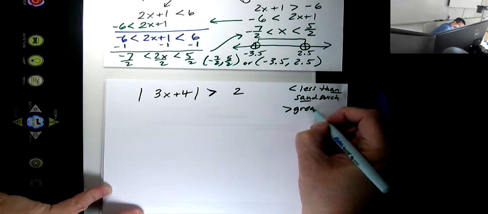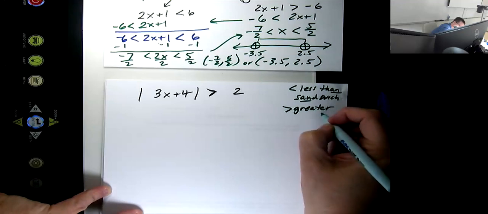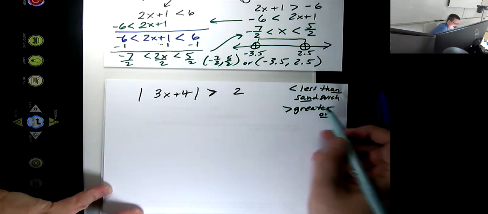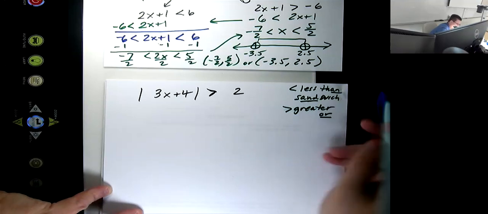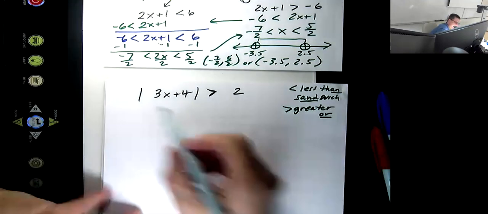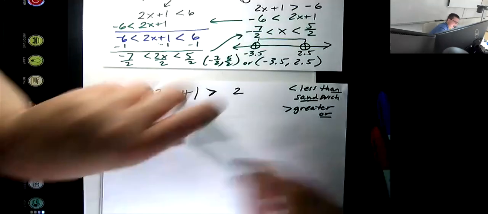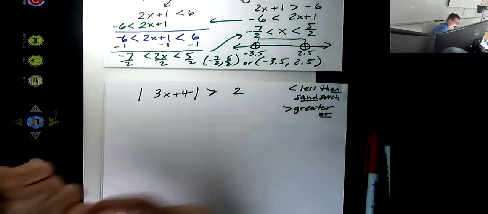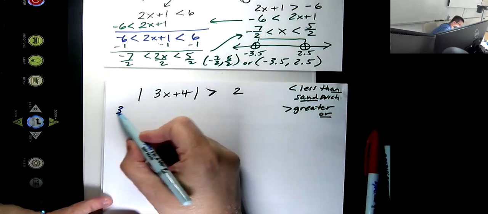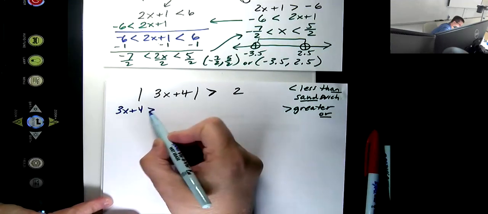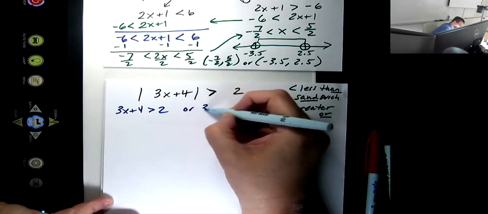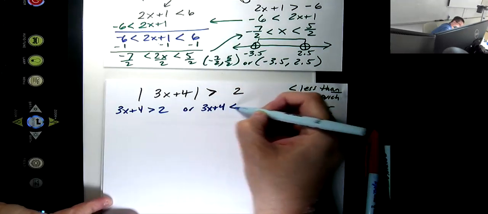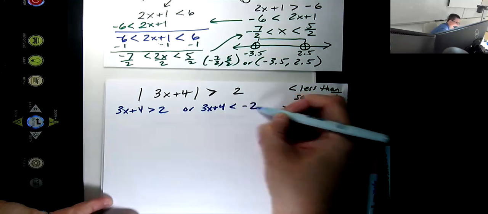Greater sounds like greater, gives us an 'or'. So this is going to be an 'or' situation. We do the original just as it is, just drop the absolute value signs. And then we do the same thing on the left, just flip the symbol and the sign for the right.